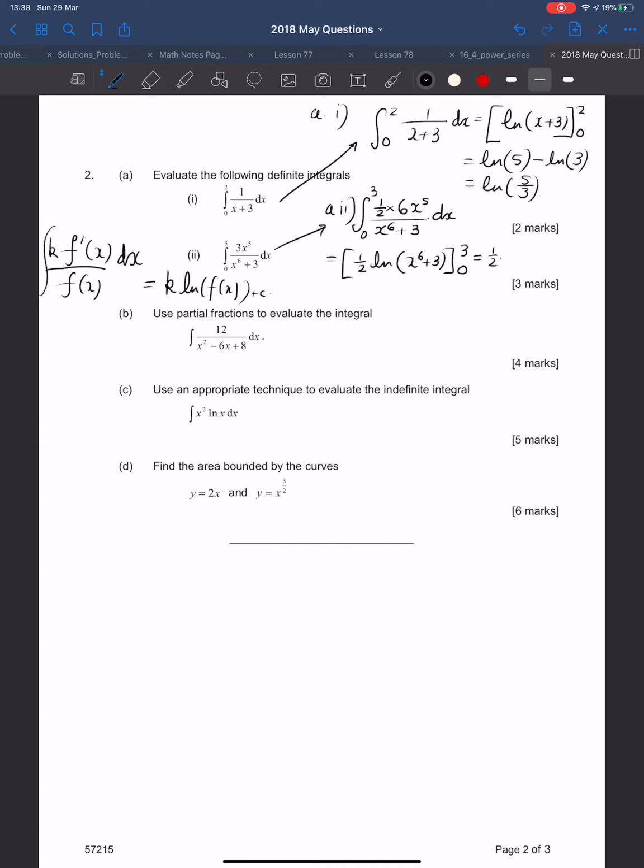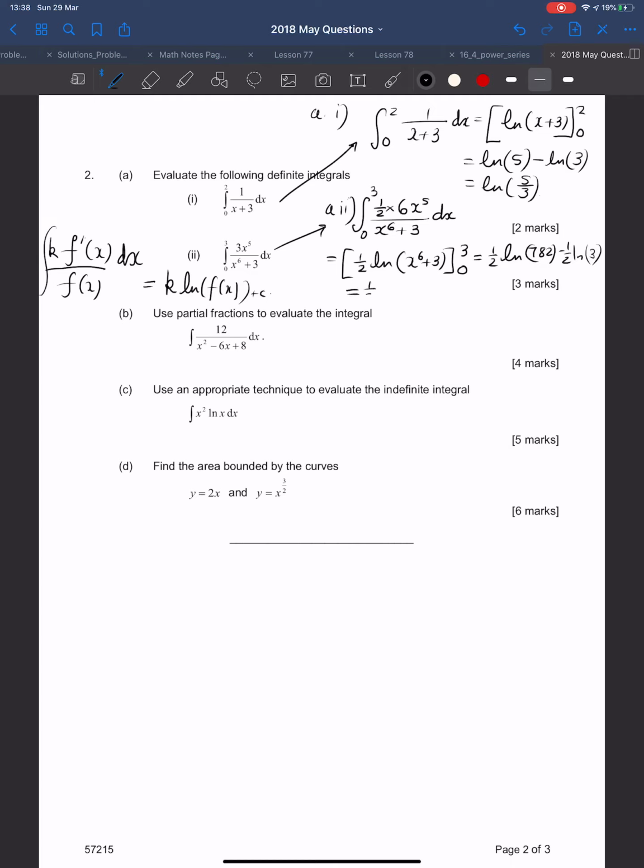So it's a half ln of 81 times 9, 729, plus 3, 782, minus a half ln of just 3.